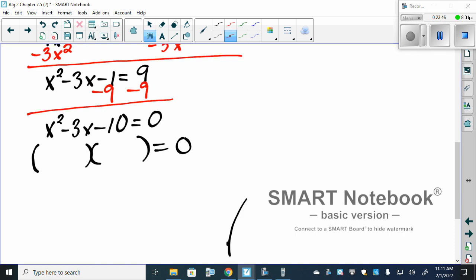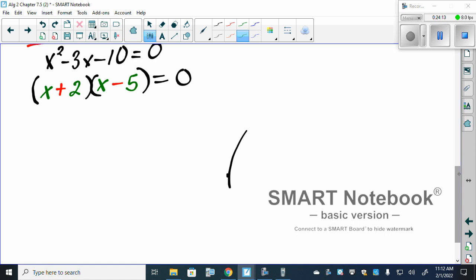Now, because the 10 is negative, the signs are going to be opposite. One is going to be positive, one is going to be negative. Now, the factors of x squared are x and x. And the factors of 10 that we want would be 2 and 5. Which one do we want to be positive? 2, and the 5 would be negative.